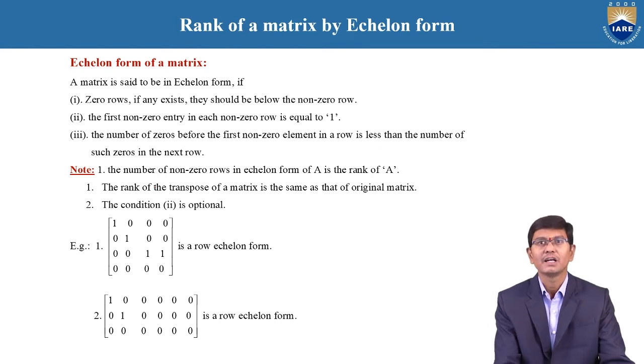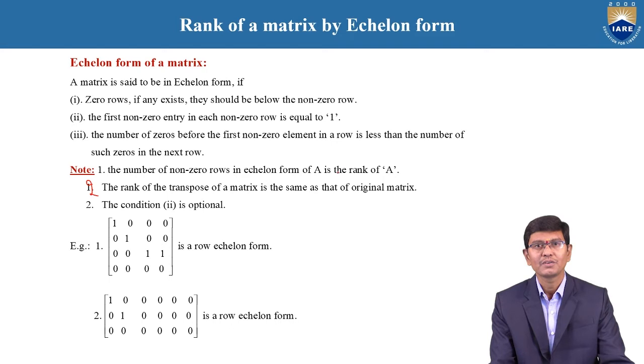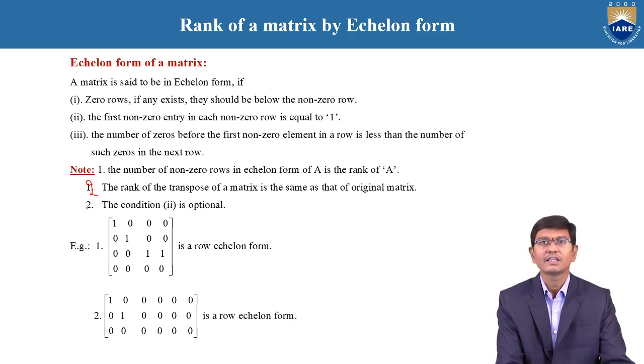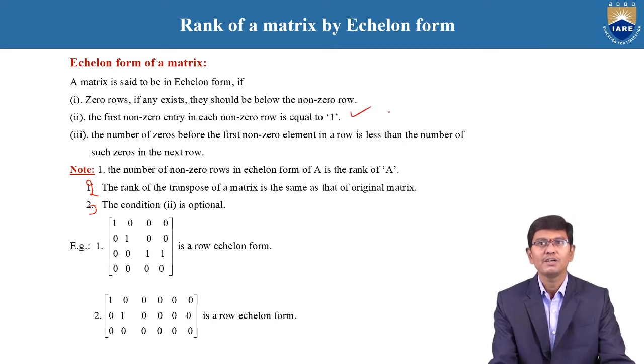Second, the rank of a matrix is the same as the rank of its transpose, so there is no change in the rank. Finally, of the three conditions of the echelon form, the second condition is not mandatory. Therefore, we only need to focus on the first and the third conditions.